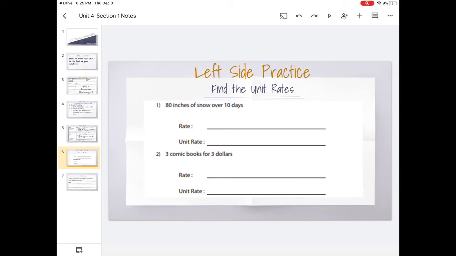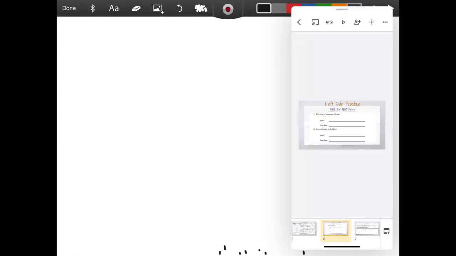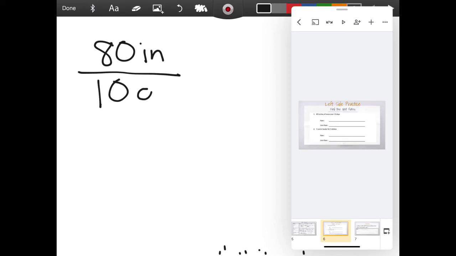So if I'm looking at the first situation, it says 80 inches of snow over 10 days. So I'm comparing the inches of snow to the days. That tells me that 80 inches fall in 10 days, which is my rate.